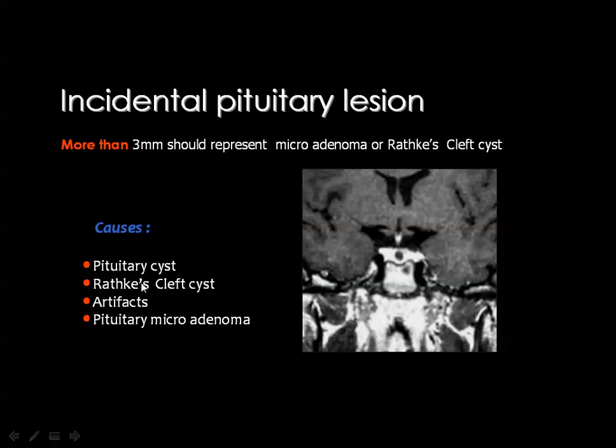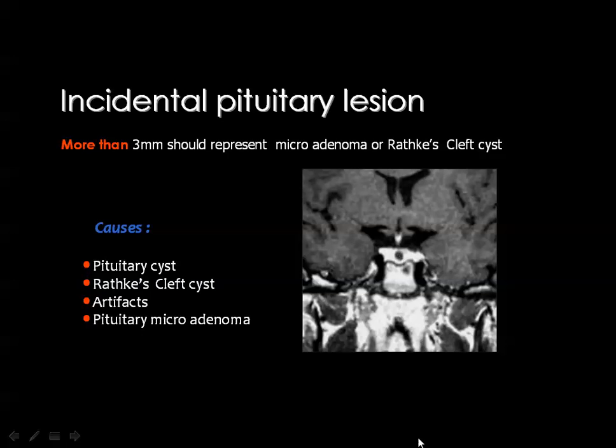The Rathke's cleft cyst, which is a cyst arising from the nasopharyngeal duct, as I will mention, is classically located in the midline below the level of the infundibular stalk. This is one of the typical locations of the Rathke's cleft cyst whenever it is small. But according to the clinical picture and laboratory findings, you can differentiate the cyst from the pituitary microadenoma.